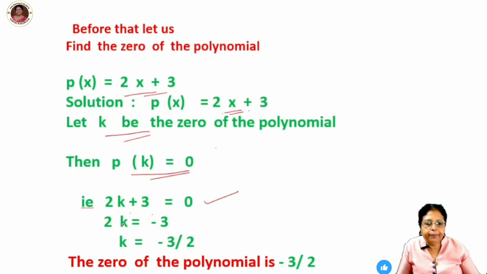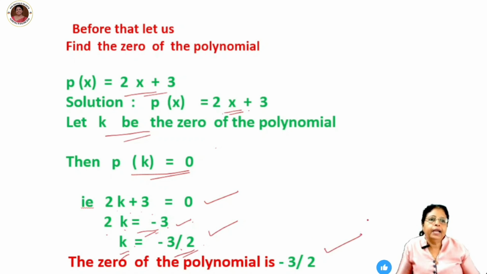That means 2k equal to minus 3. You are taking this 3 to this side, then it becomes minus 3. Then you take this 2 to this side, then k equal to minus 3 upon 2. That is, the zero of this polynomial is minus 3 upon 2.